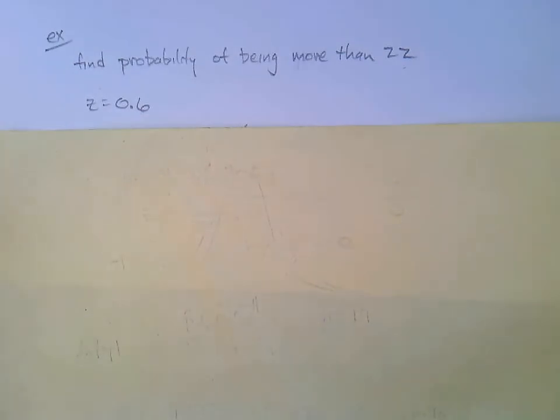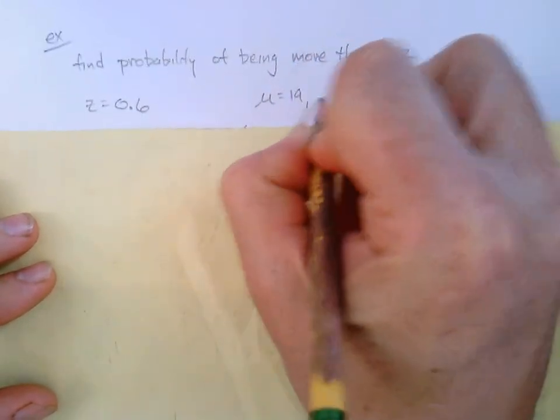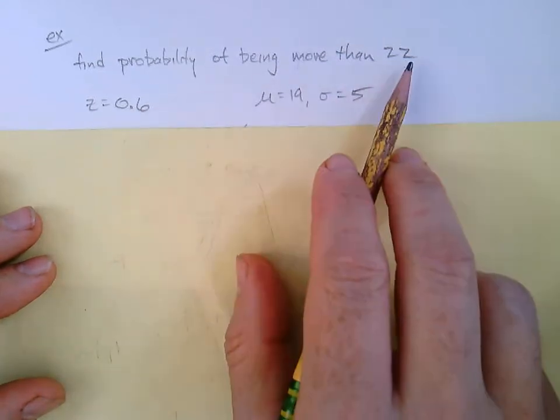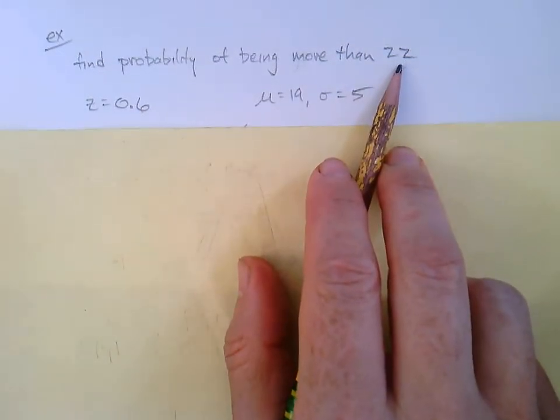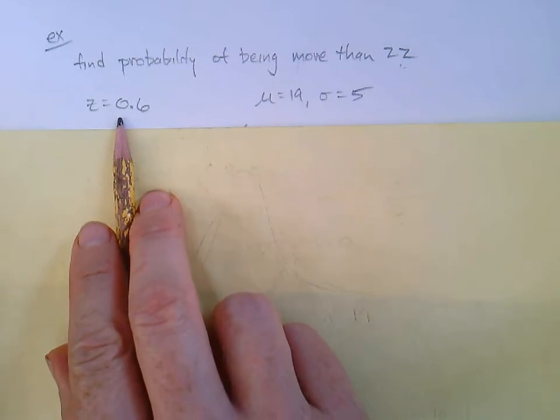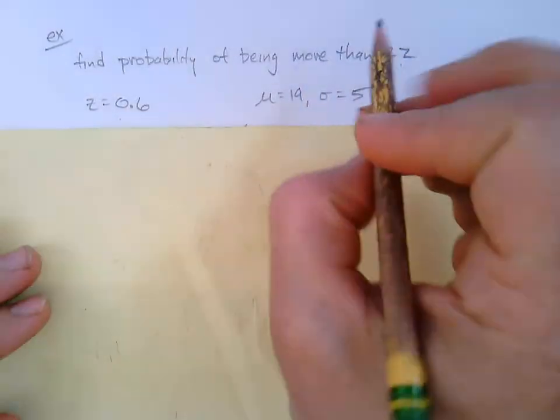Okay, but I'm still going to keep the same mean and standard deviation. I'm still thinking mu equals 19, sigma equals 5. So that's my x again. Well, it's the same x that we had in part A. So I would end up calculating the same z-score, 0.6, right? It's the same formula with all the same numbers. The only difference is we're doing a more than now.